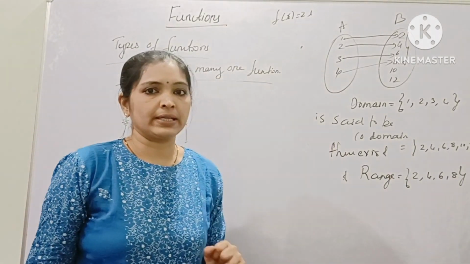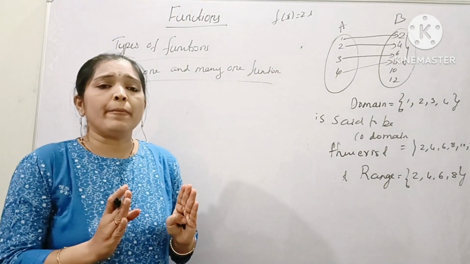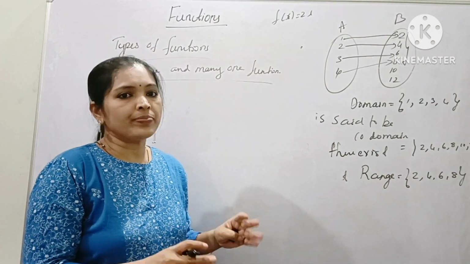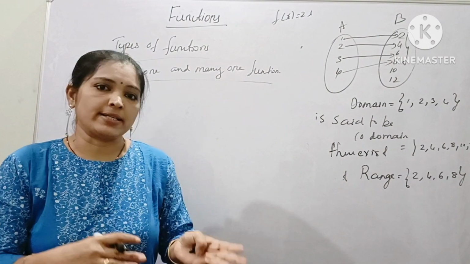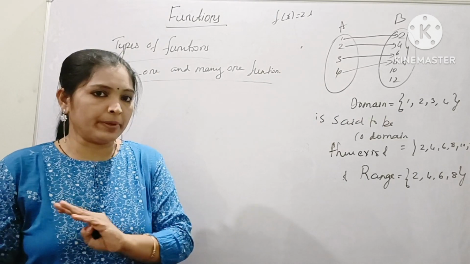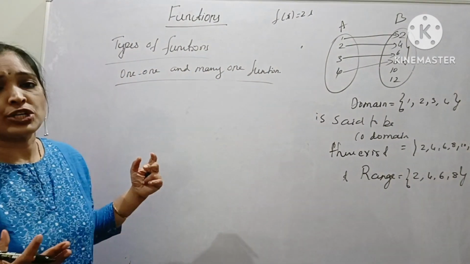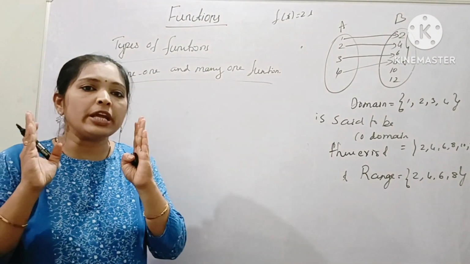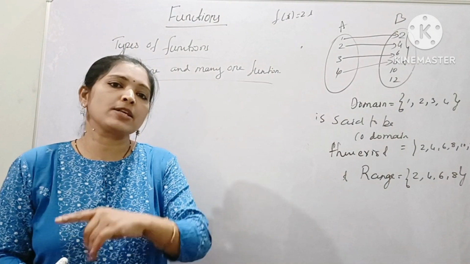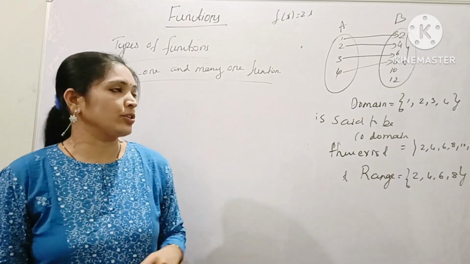A function means every element of the domain has only one image in B. A one-one function means every image has only one pre-image. That is called a one-one function.